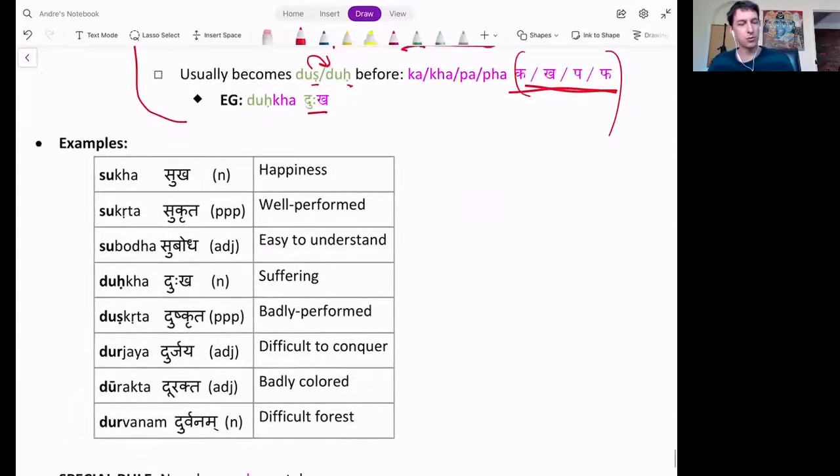Let's look at some examples. Su, su, su: just attach the next section there, good, good. And then you've got dus. You can see the changes due to sandhi: duh, dush, dur, durvanam.